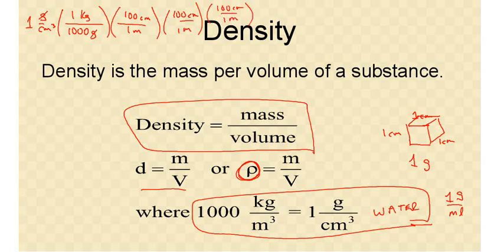Okay, but now you can see that I've got centimeters times centimeters times centimeters would be cubic centimeters. That'll cancel the cubic centimeters down here. It would leave me with kilograms on top, and meters times meters times meters would be cubic meters. So we're thinking about a box that is 1 meter by 1 meter by 1 meter. If I take a box that big and fill it up with water, how much water would it have?